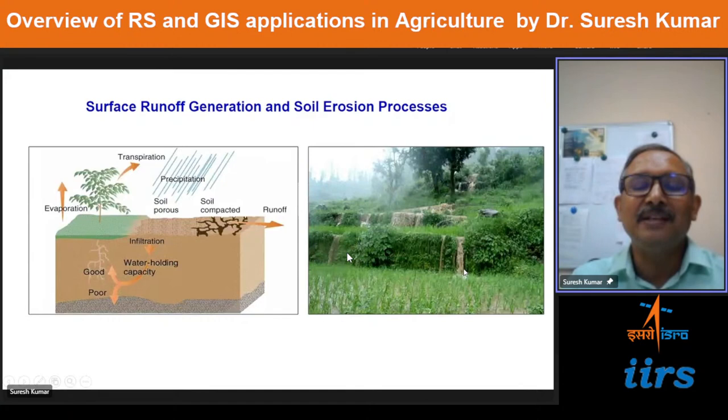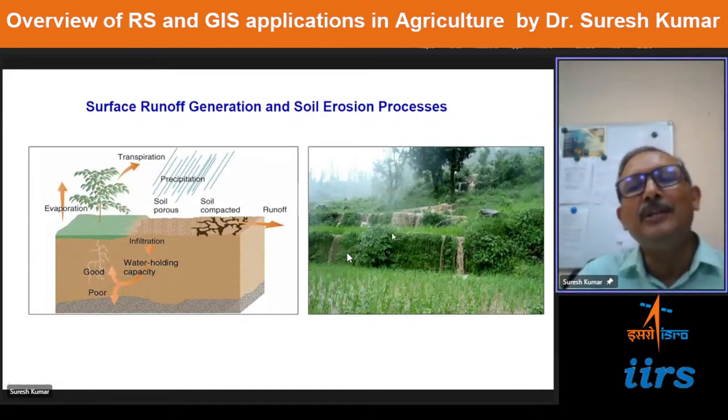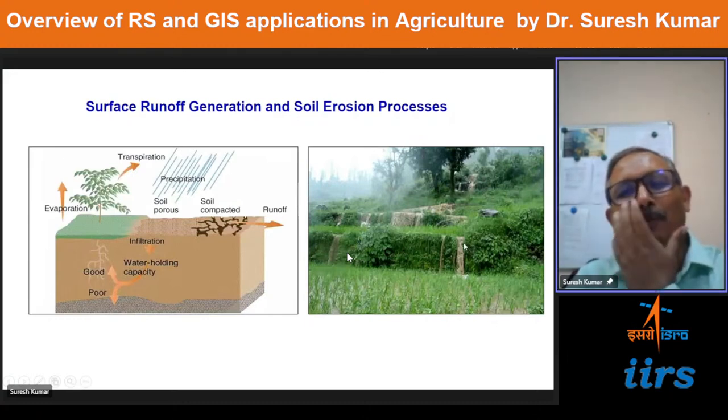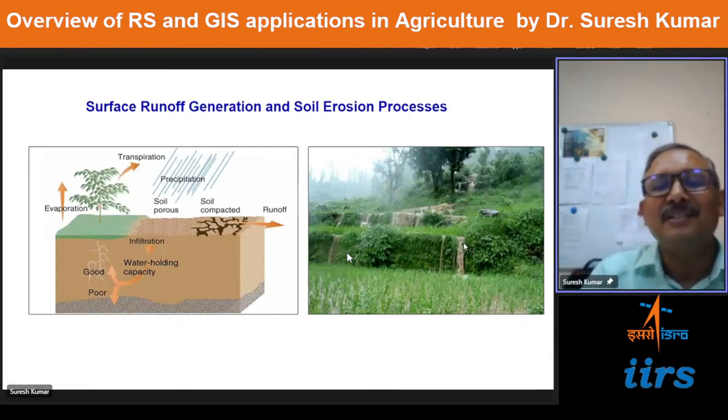This runoff water erodes the soil and also removes the nutrients from the soil. We need to conserve this, stop this, so that soil is not removed. Otherwise, if soil gets washed away every year, the depth of the soil will be reduced.